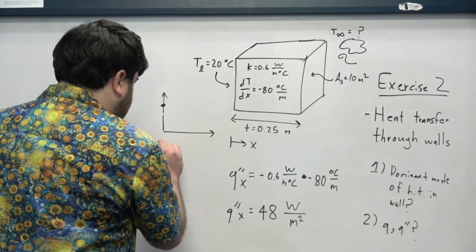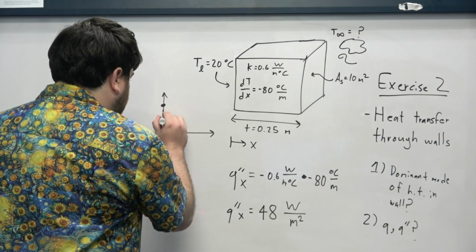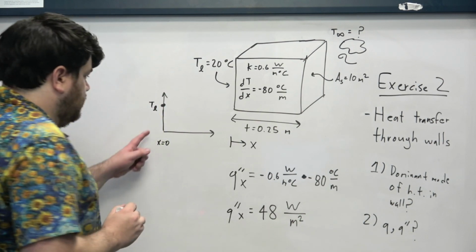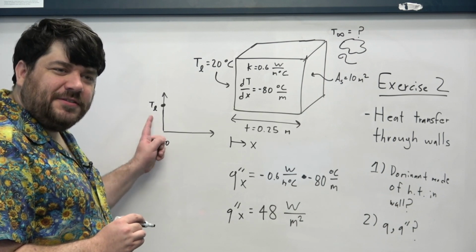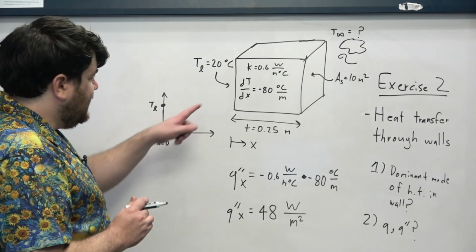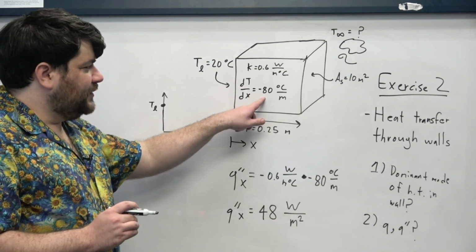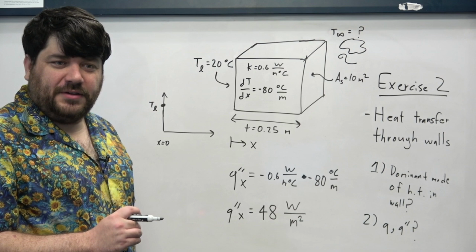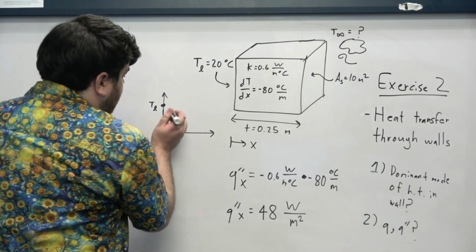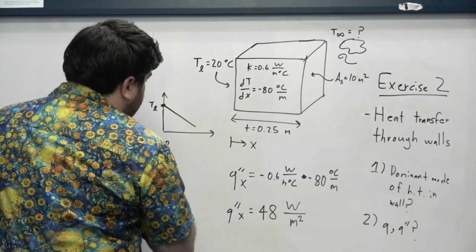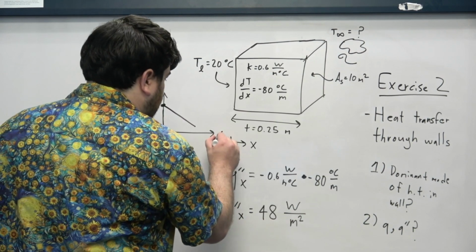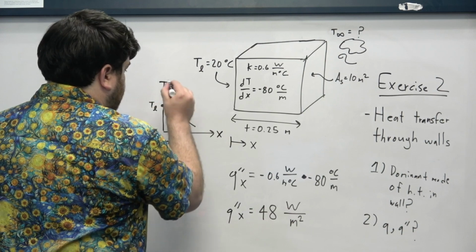So if we say that this is x equal to 0, we would say, oh, this temperature is 20, and then because the slope of the temperature field, this dT/dx, is negative, then we would expect the line that represents those temperatures to decay in the direction of increasing x. Okay?